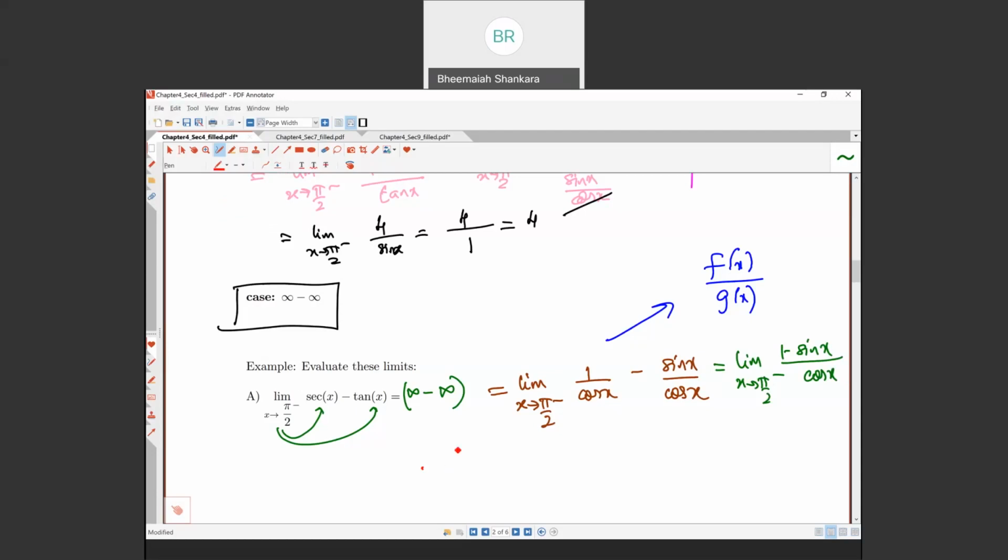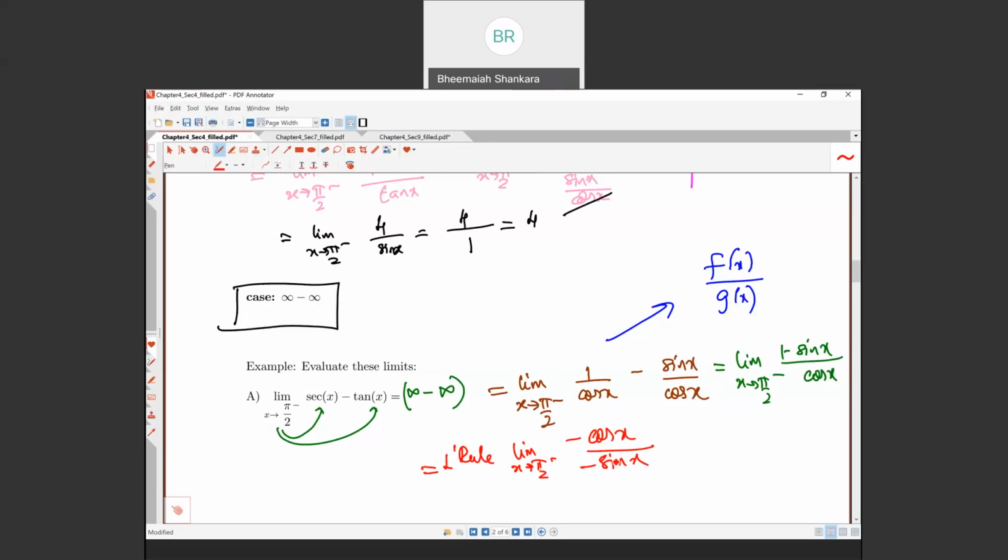Now we are all set to apply the L'Hopital's rule, so let's do that. Limit x approaching pi over 2 minus, you have differentiation of 1, which is 0, differentiation of sine is cosine, you already have a negative, it remains. Differentiation of cosine is sine, you already have a negative, so it remains.